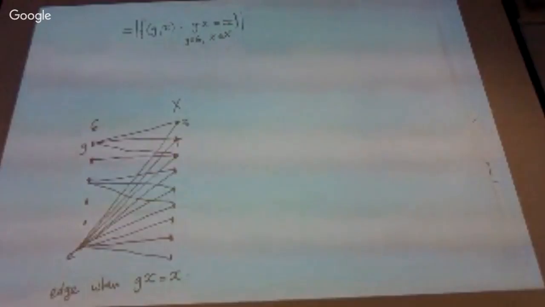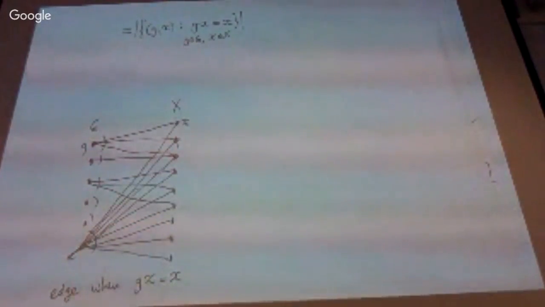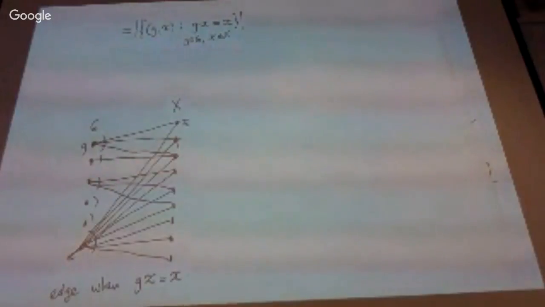There are 2 ways you can count it. One of them is to look at every element of G: how many fixed points, how many fixed points, how many fixed points. For each g, you get how many fixed points, and you add them all together.